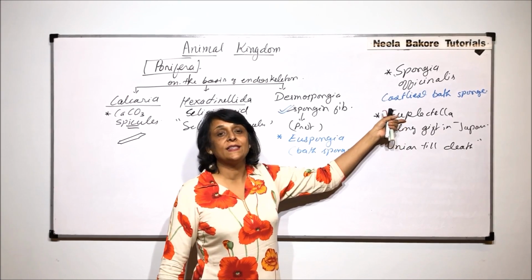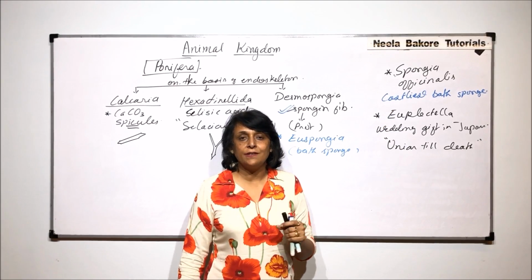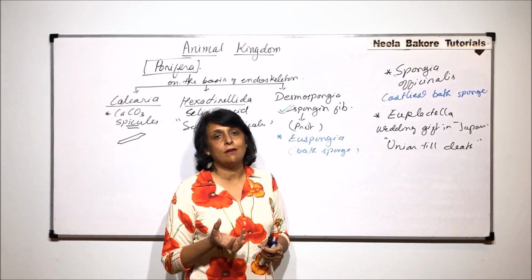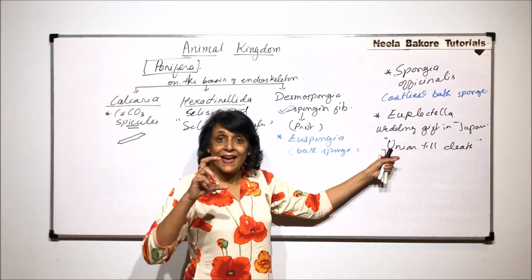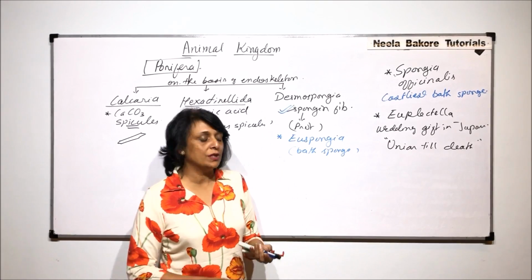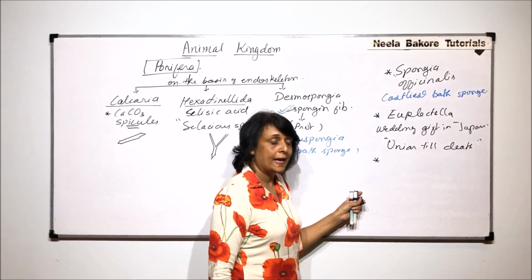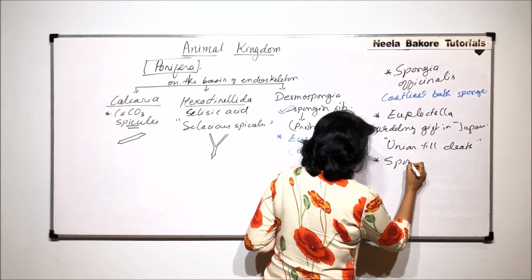So when this Euplectella dies, that means all the soft tissue decomposes, degenerates. It is only the endoskeletal part which remains, and that dry structure is used as this gift, which means union till death. Another one which we have already talked of is Spongilla.